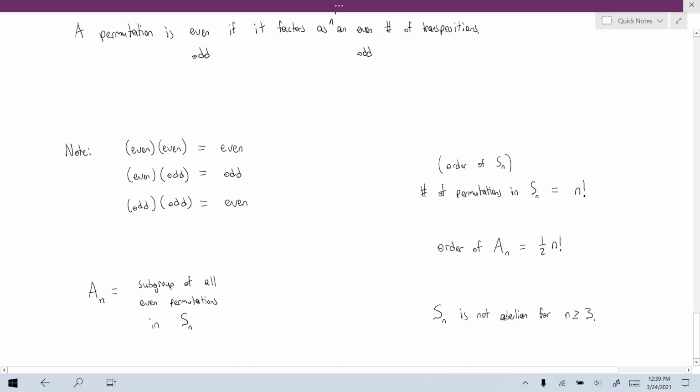So this gives us a class of non-abelian groups, because up until this point, you've almost always been working with abelian groups. But not all groups are abelian, so it is useful to have some examples of non-abelian groups on hand, and Sn for n greater than or equal to 3 gives you one such class of non-abelian groups, okay?